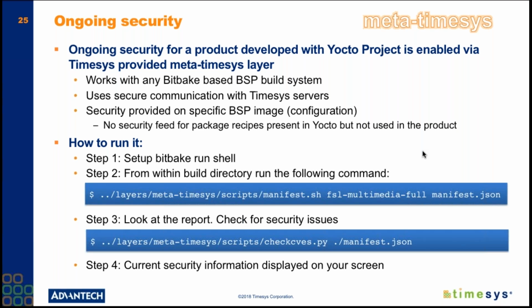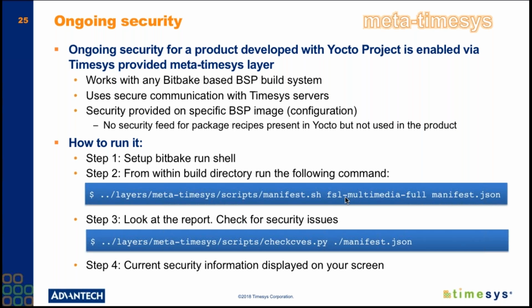How do we run it? We have to use Yocto BitBake, so we have to set up the BitBake run shell. And from within that directory, you simply execute the manifest.sh script from meta-timesys.